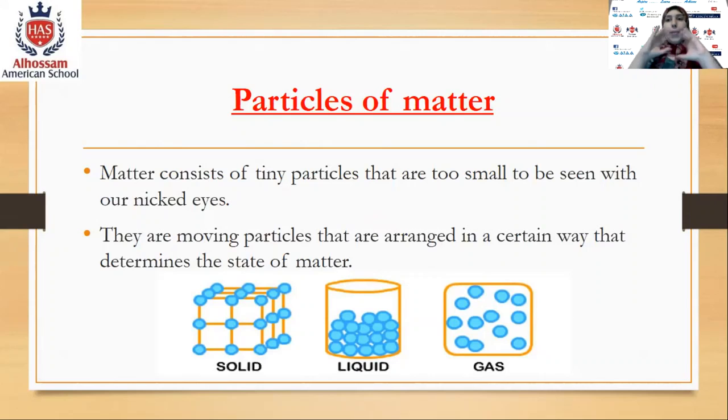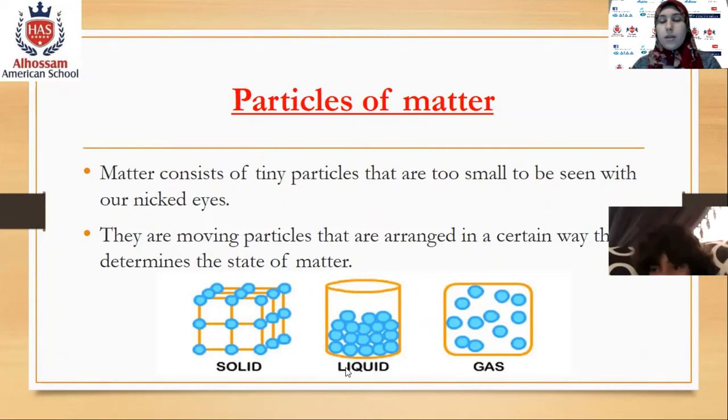If I give you this picture, and I am not writing anything on it or around it, I'm not labeling it, and I ask you what is the state of this matter, you're going to tell me it's arranged in the way that liquids are arranged. So it's a liquid.